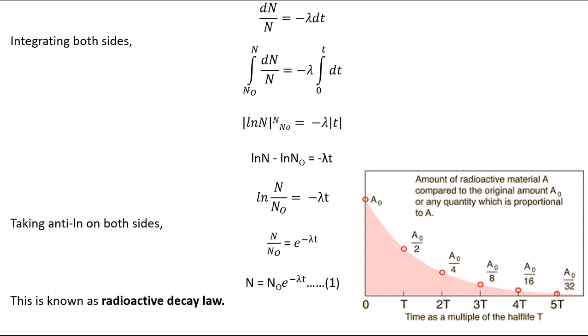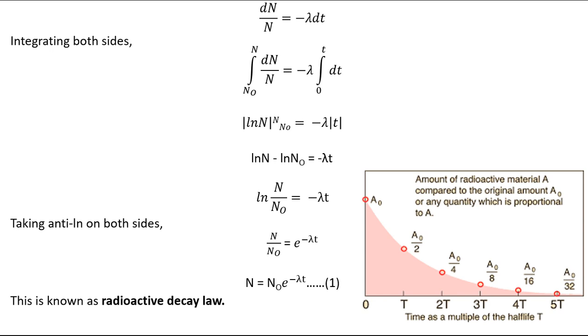After the integration we have natural log of N, with limits from N naught to N, and on the right hand side minus lambda t from 0 to t.